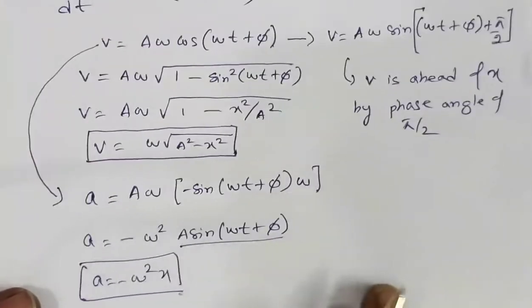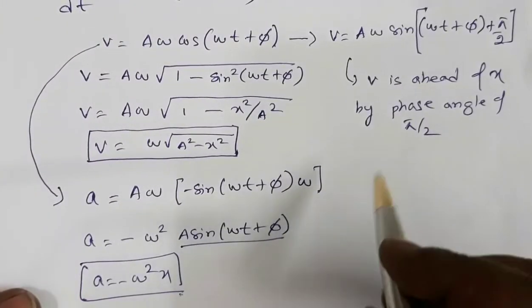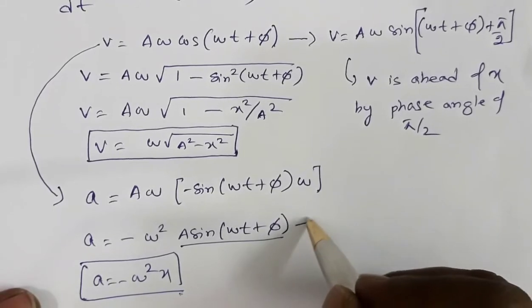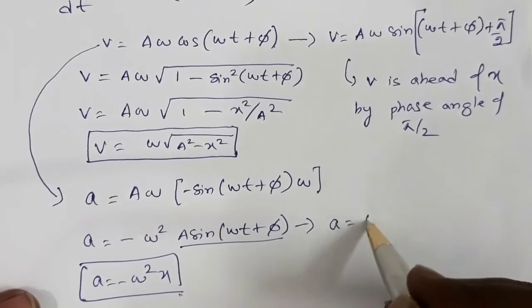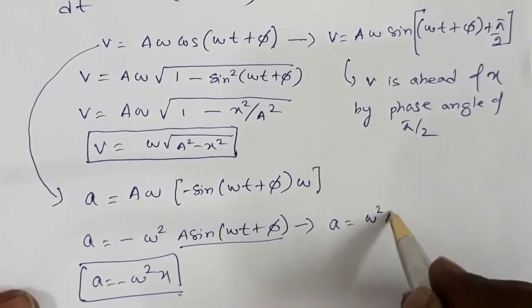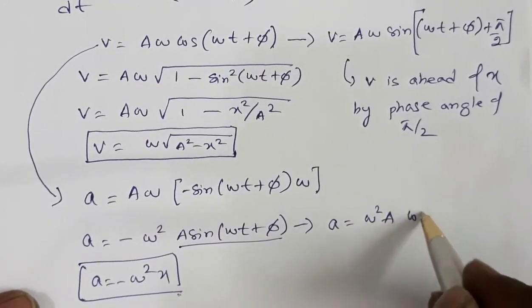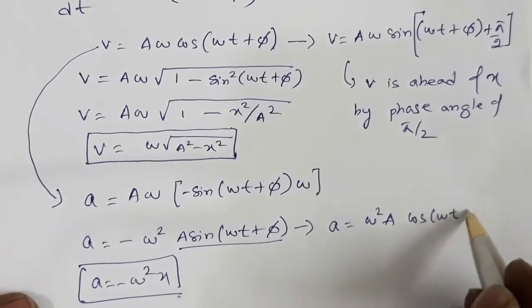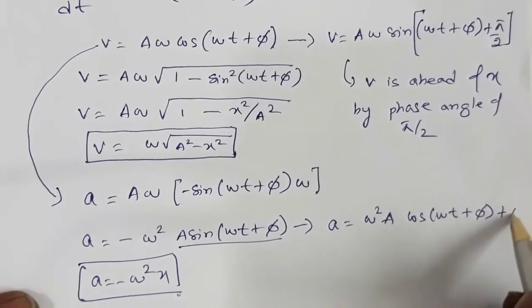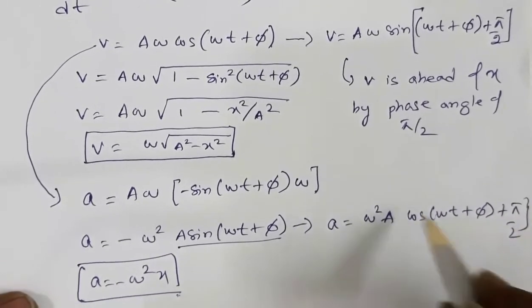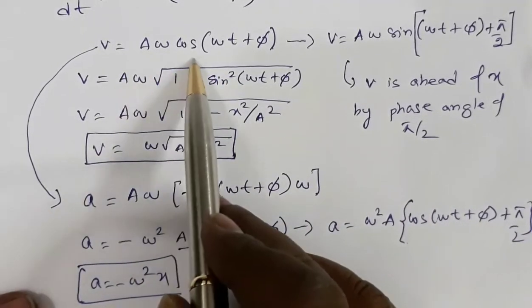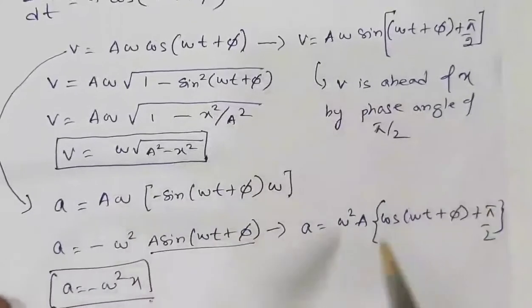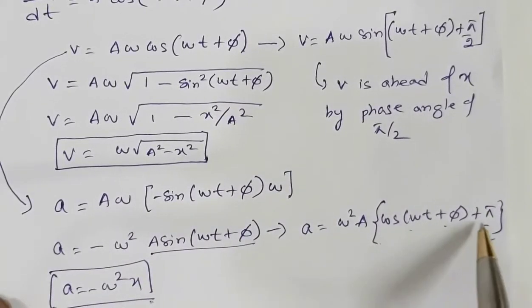Another way of expressing this is a is equal to ω² A cos(ωt + φ + π/2). Why am I writing it like this? See, velocity is Aω cos(ωt + φ), and acceleration is cos(ωt + φ + π/2).